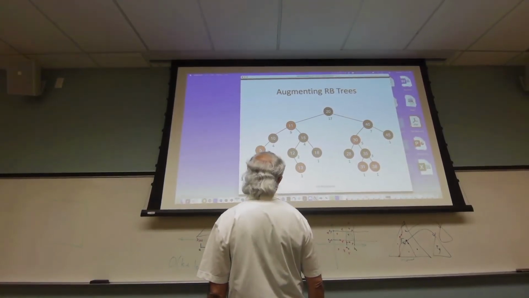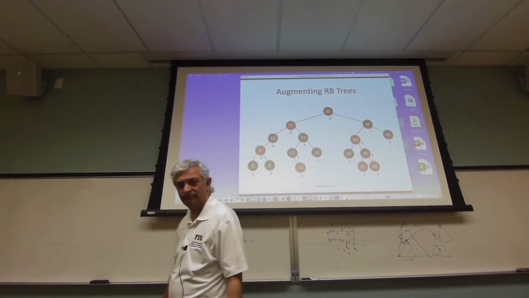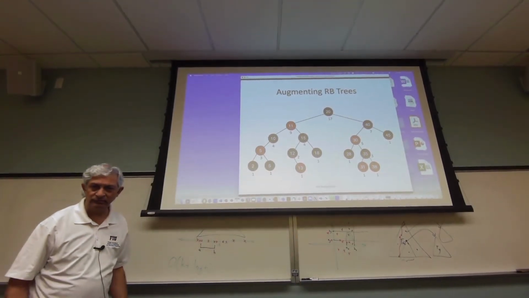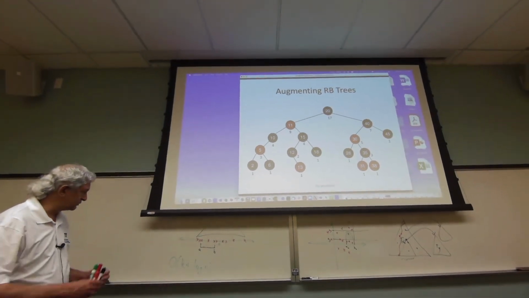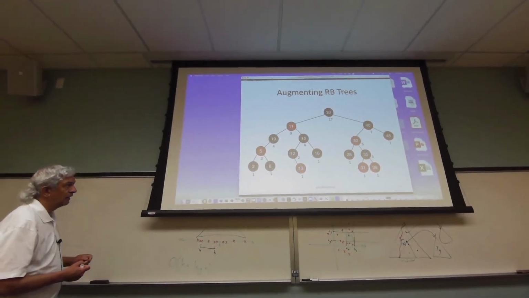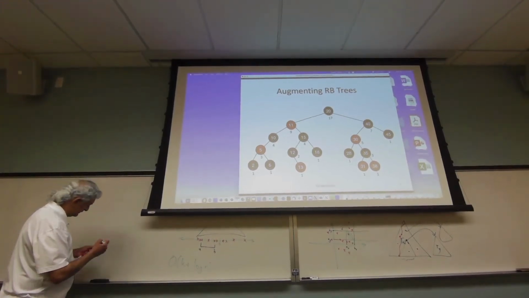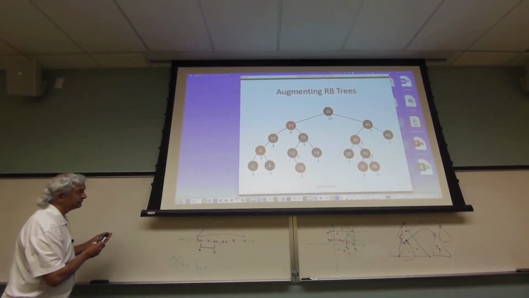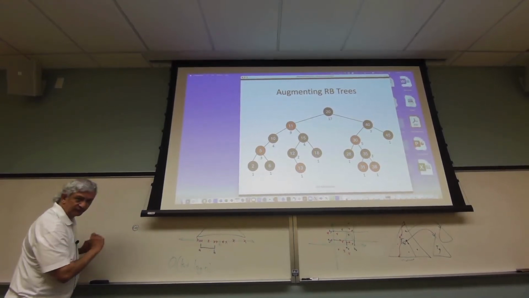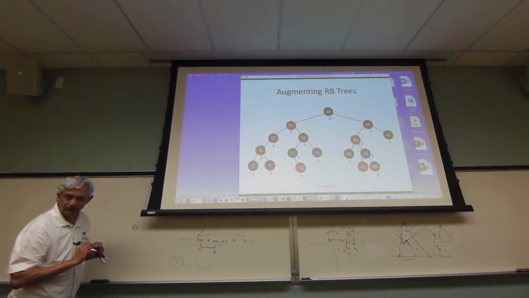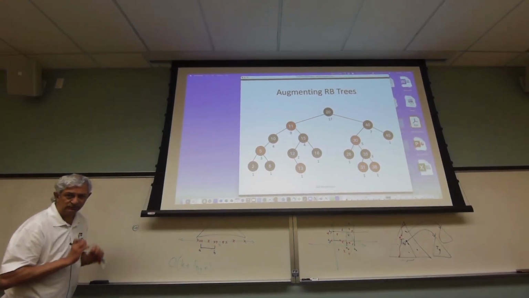Let's say we want to go from 6 to 31, just to make the problem clear. We know that 6 is to the left of 20 and 31 is to the right of 20. So this is a key node, right?